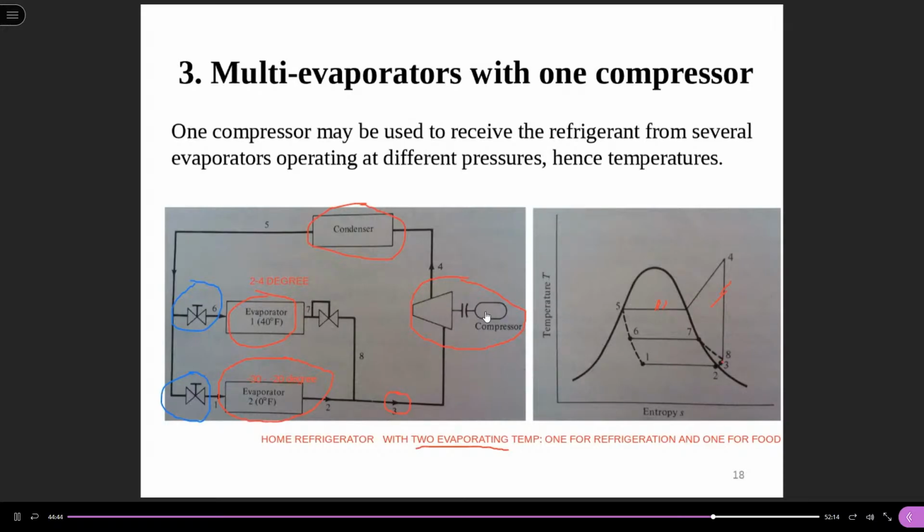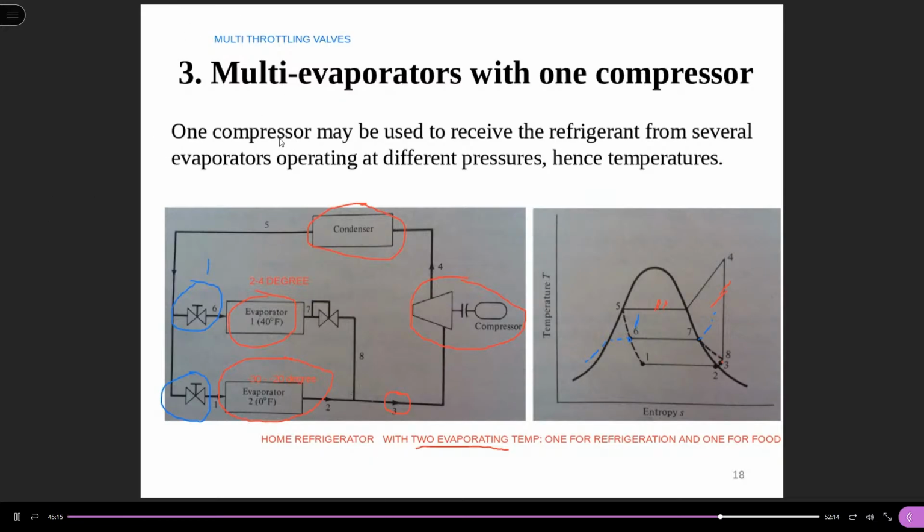With the multiple throttling valves, we can see the first throttling valve can throttle the refrigerant to a relatively higher pressure. Because high pressure means a higher evaporating temperature.